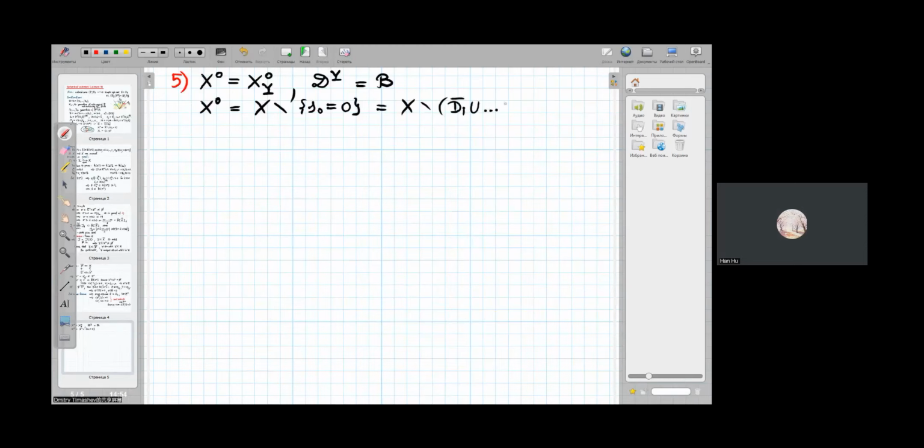Why the closures? Because these divisors were considered as divisors in the open B, or in the open G orbit, in Y naught. And X is bigger, as X is not a single G orbit. It contains something on the boundary, so we have to close these divisors.